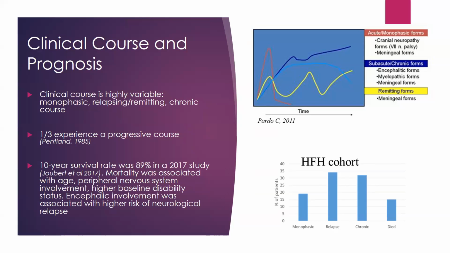More recently, there was a 2017 study of almost 300 patients, which is big for neurosarcoidosis. Most case reports have less than 100 patients. This study showed that the 10-year survival rate was 89%, and mortality was associated with age, peripheral nervous system involvement, and high baseline disability status. Brain involvement is associated with a higher risk of neurological relapse. When we look at our patients, they pretty much fall into the same forms as reported in the literature.